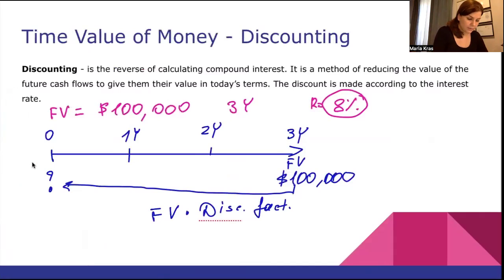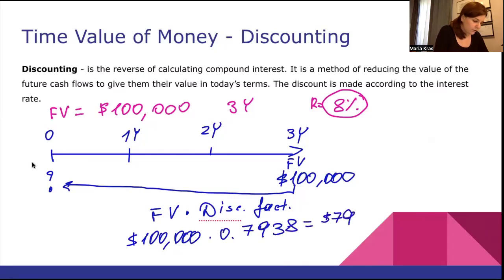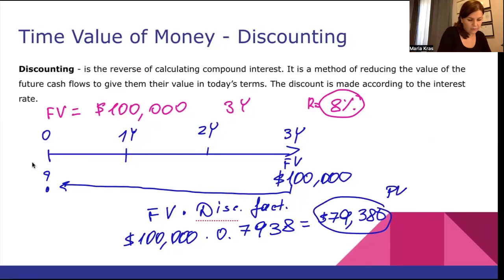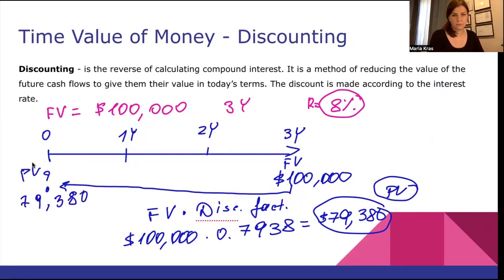So let's multiply 100,000 by 0.7938, and it is equal to 79,380. So that is the present value of the profit of $100,000 in 3 years from today. So this 100,000 is worth 79,380 today. Hope that makes sense and explains it a bit better.